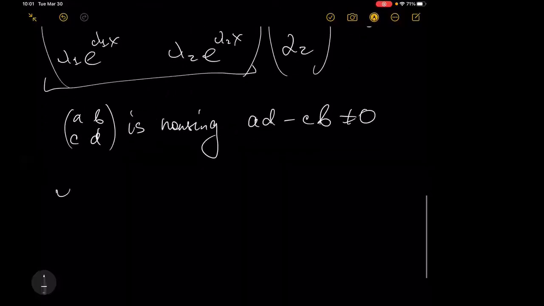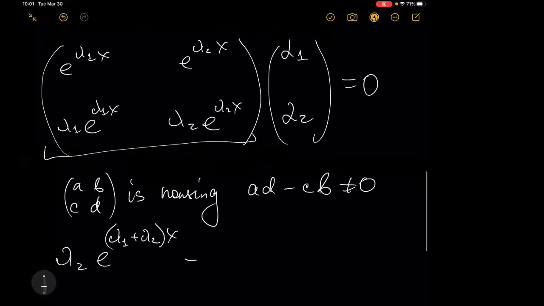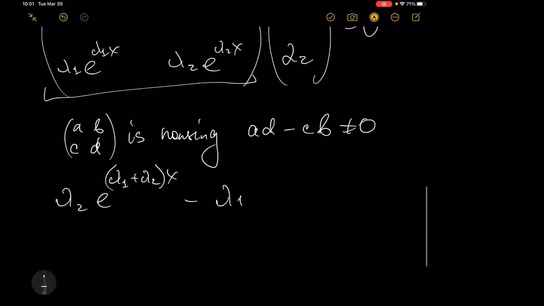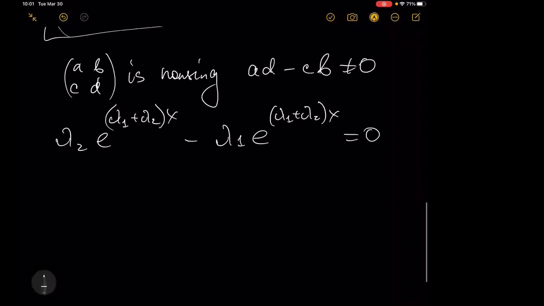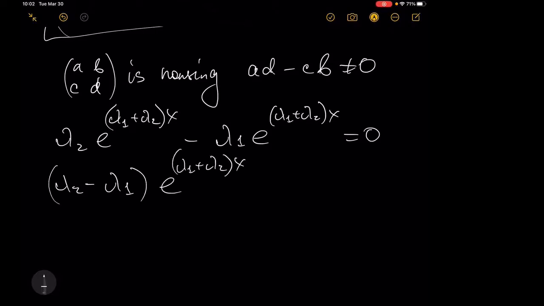So lambda 2 e to the power lambda 1 plus lambda 2 x minus lambda 1 e to the power lambda 1 plus lambda 2 x equals to 0. So I can just write lambda 2 minus lambda 1 times e to the power lambda 1 plus lambda 2 x equals to 0.